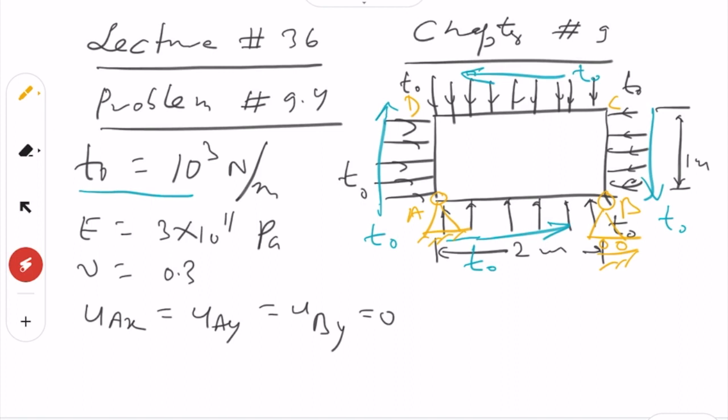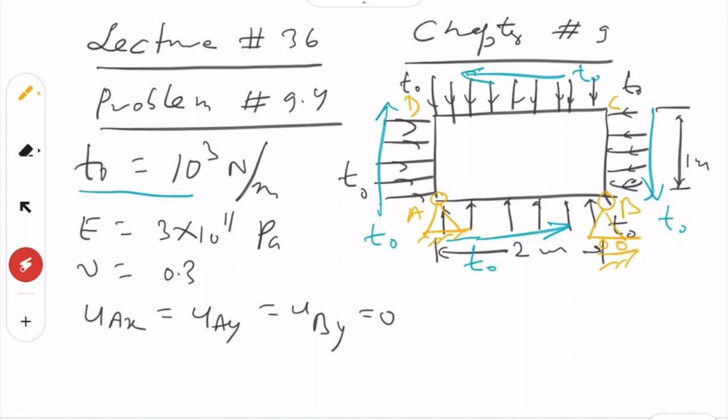Of course, if you see the degrees of freedom here, you will have a total of 8: 2 here, 2 here, 2 here, 2 here. So, the stiffness matrix will be 8 by 8. Out of that, 3 are constrained. That means we have to invert part of K, and that reduced K will have 5 by 5 dimension.